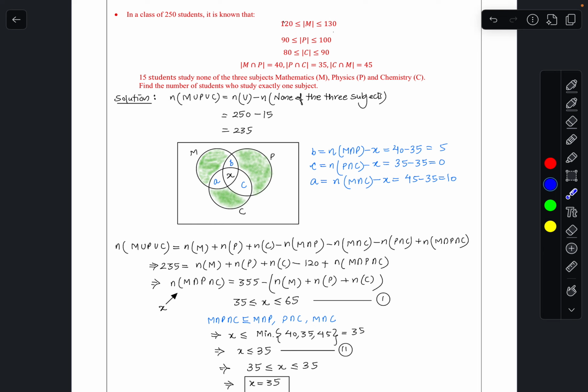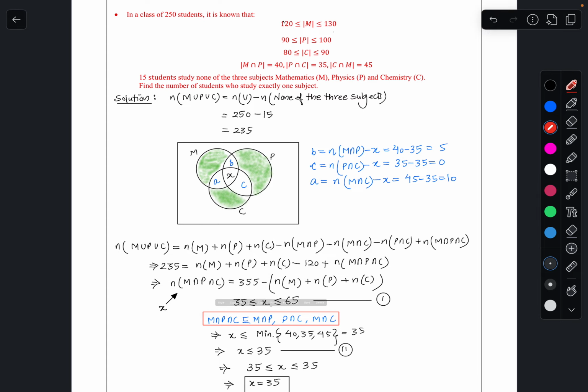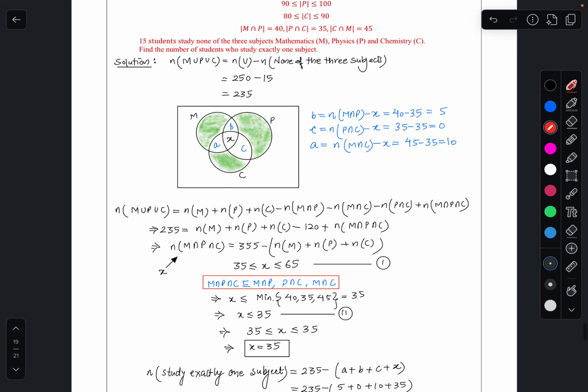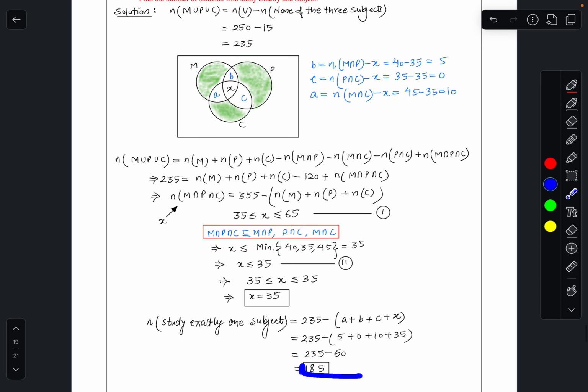But then I also knew one relation, which was that the number of elements in M intersection P intersection C is supposed to be less than or equal to the number of elements in the intersection of MP, PC, and MC, which gave me X is less than or equal to 35. I combined these two inequalities, which gave me X is equal to 35. And then I just found the B, C, and A, and then summed it up, which gave me the value 185.